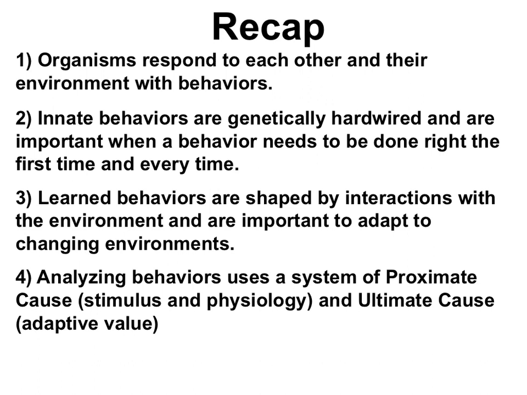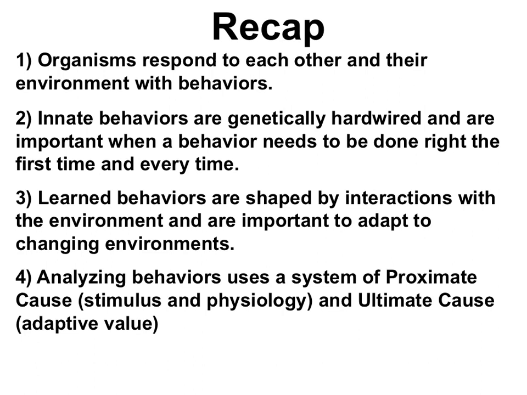So this video is all about animal behaviors. Animal behaviors are how organisms respond to stimuli, especially to each other and their environment. We talked about innate behaviors and learned behaviors. Innate behaviors are behaviors that are genetically hardwired and important when the behavior needs to be done right the first time and every time in response to a non-changing stimulus.